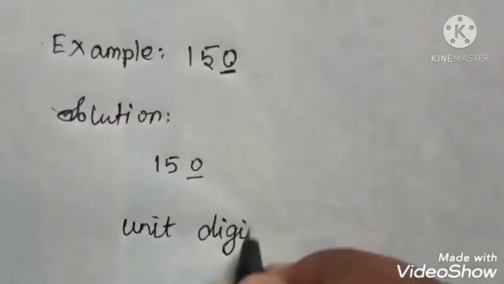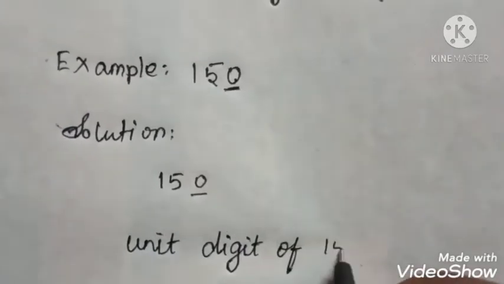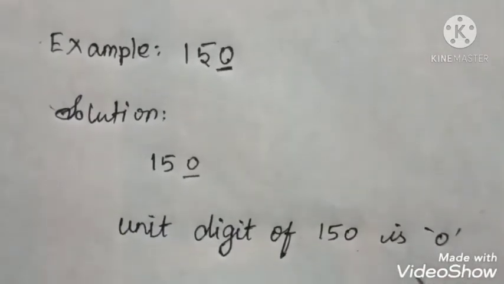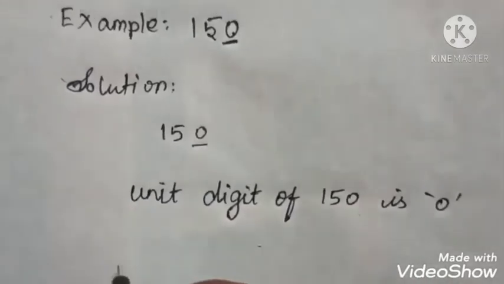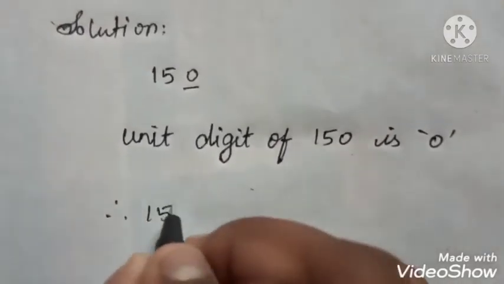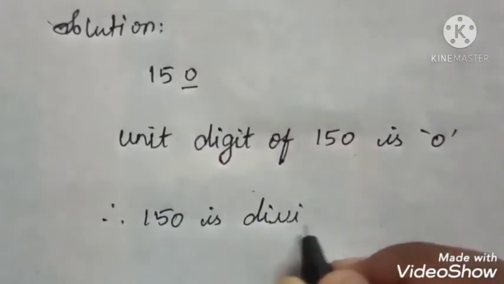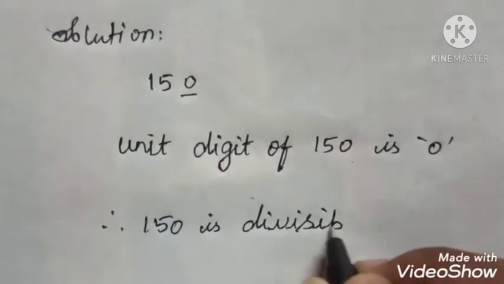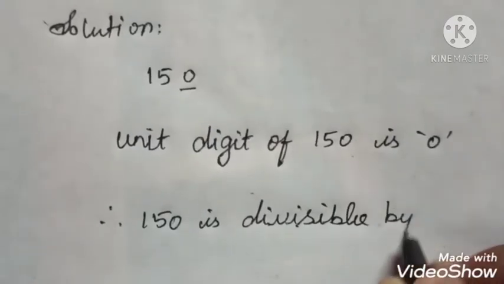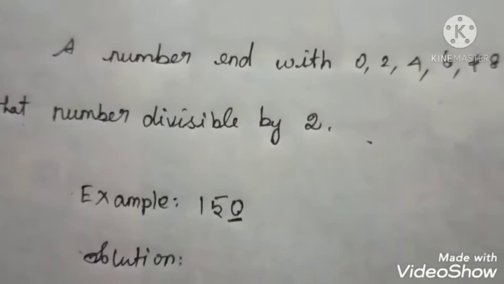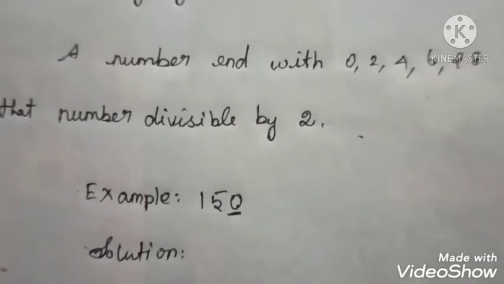The unit digit of 150 is 0. Therefore, 150 is divisible by 2. So already you know the condition: a number ends with 0, 2, 4, 6, 8.